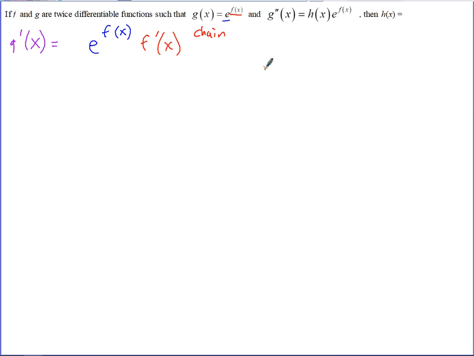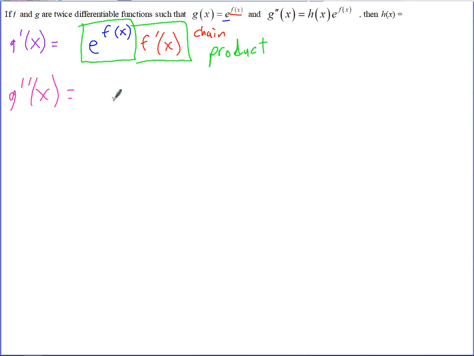And then to find the second derivative, g double prime of x. What we're given here, but let's find what it would have to equal based on what g of x is. Notice here we'd have to use the product rule. Okay, and so then we have the derivative of the first one.